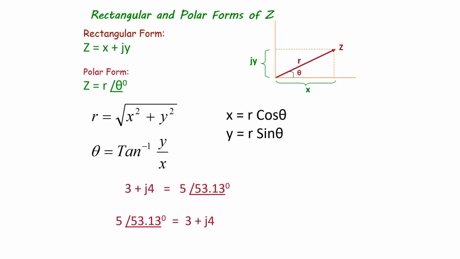For example, a complex number 3 plus j4, which is in the rectangular form, can be changed into the polar form as 5 angle 53.13 degrees. Likewise, a polar form of the number can be written in the rectangular form as 3 plus j4.